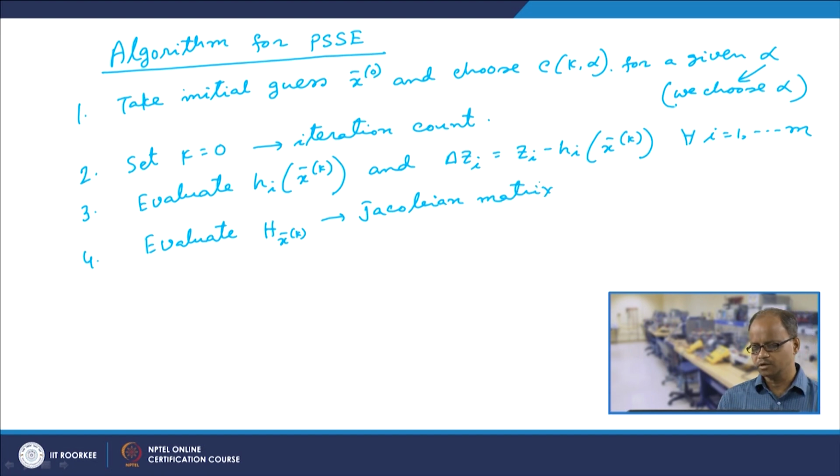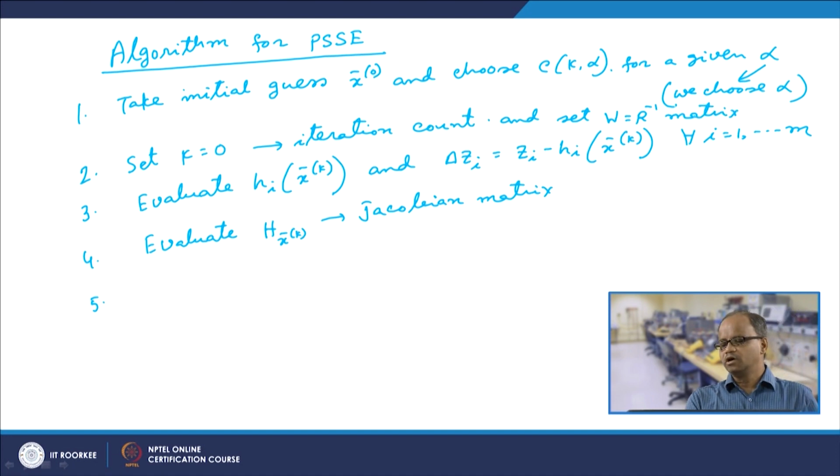And we also set W is equal to R inverse matrix, which is nothing but the weight matrix. Then calculate the delta x vector.